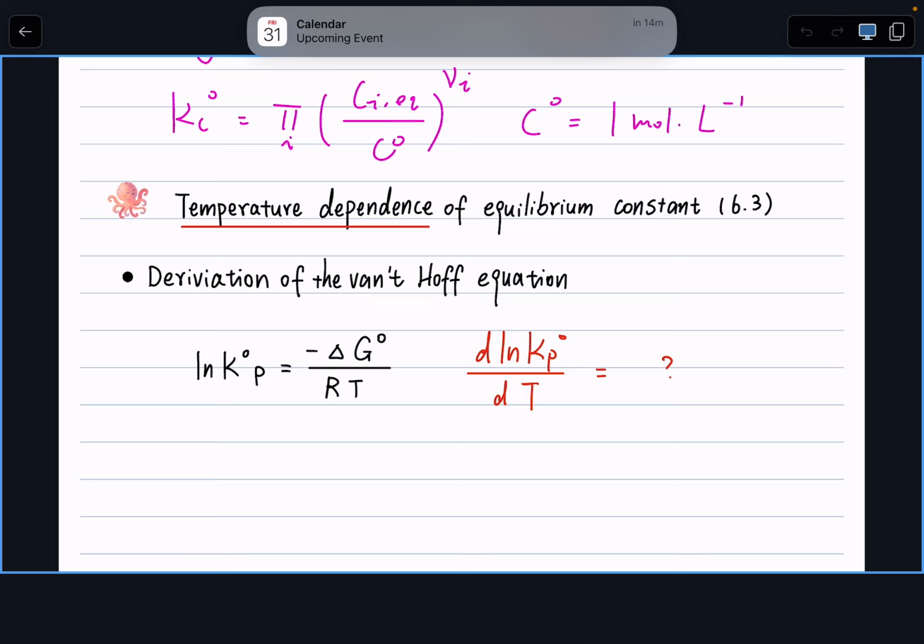And taking that into consideration, what do we have here? We have a sum of stoichiometric coefficients and my molar entropy of different species. And this sum gives me the negative delta S of the reaction, or the standard entropy change of the reaction.